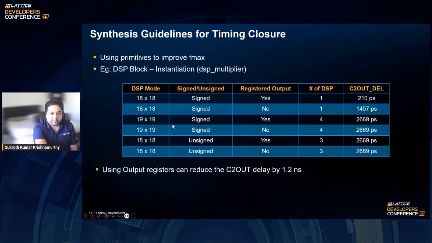In more examples, if you use 19x19 and if you use an output register, it is 2669 picoseconds, and the number of DSPs used is shown for this. Sometimes using primitives might not always improve the timing, but whenever possible, you should always make sure that you use the output registers to reduce the C2 out delay.